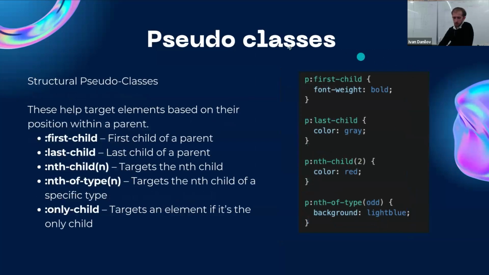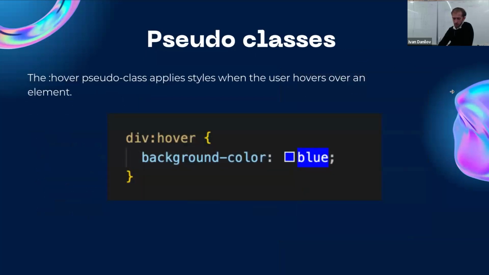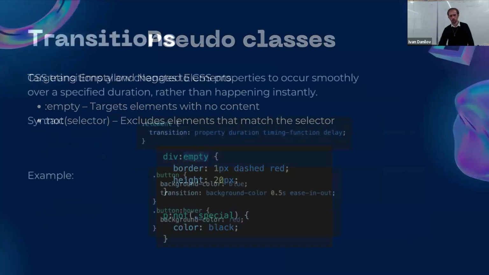Also, we have pseudo classes for structure: first-child, last-child, nth-child, but you have worked with that. The most important is hover, but you are also familiar with that.